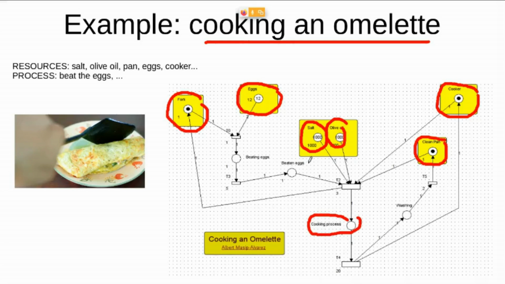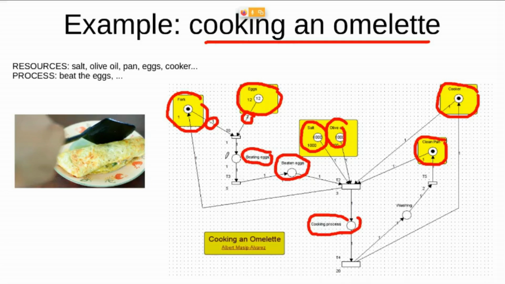First of all, I'm expected to beat the eggs. What do I need to beat the eggs? A single fork, as you can see here, and 2 eggs, because I will cook an omelette from 2 eggs out of this dozen eggs. Then at any moment, if I have a fork and I have enough eggs, I will fire this transition and I will beat the eggs.